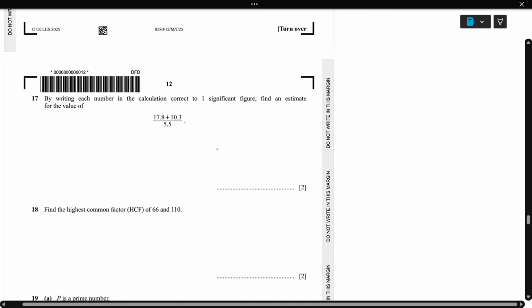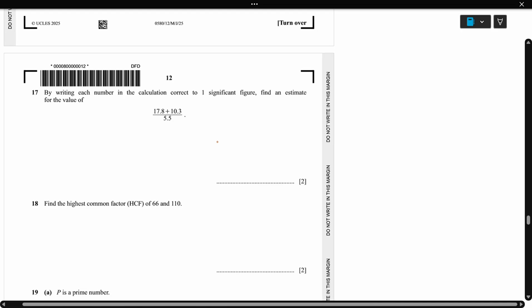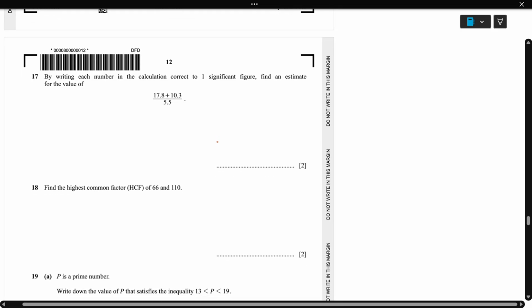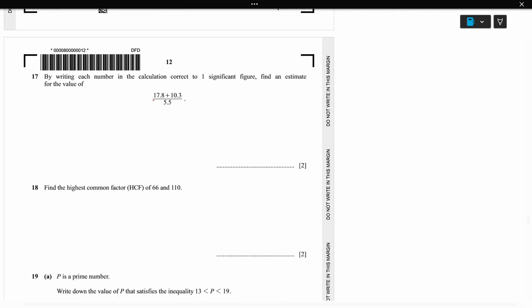The next question, by writing each number in the calculation correct to one significant figure, find an estimate for the value of this. One significant figure, 17.8. So we have to round to one figure, which is going to be from the left side. The first number we have to round, so it's going to be 20, because we check the next number. This is 7.